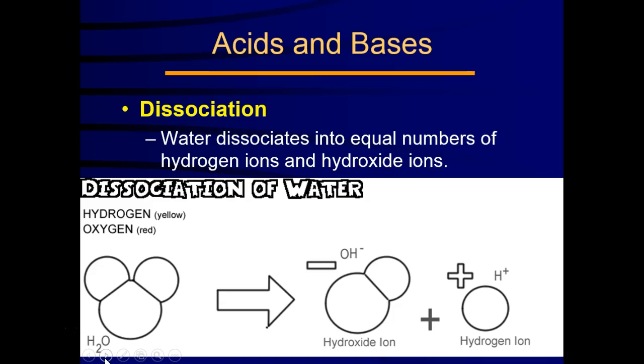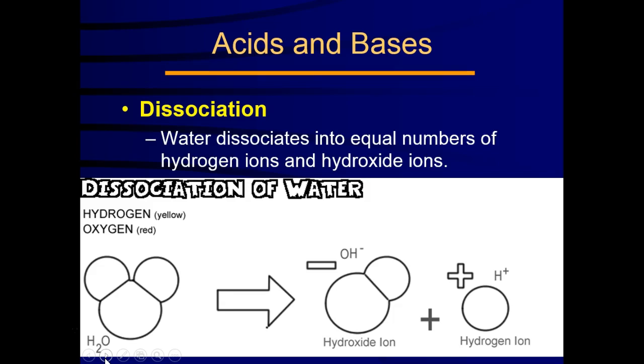This process of a water molecule splitting in two and becoming a hydroxide ion and a hydrogen ion is called dissociation. That's the splitting of a molecule into two parts. Sometimes if you look in other fields, for example in psychology, there are certain psychological disorders that are called dissociative disorders, where a person breaks with reality.